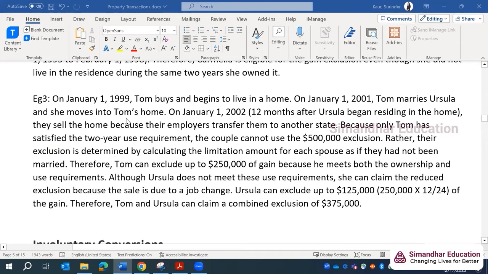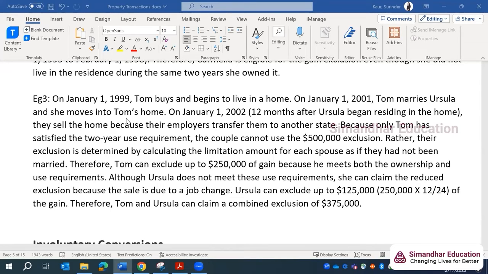On January 1, 1999, Tom buys and begins to live in a home. On January 1, 2001, Tom marries Ursula and she moves into Tom's home. On January 1, 2002, 12 months after Ursula begins residing in the home, they sell the home because their employer transfers them to another state.